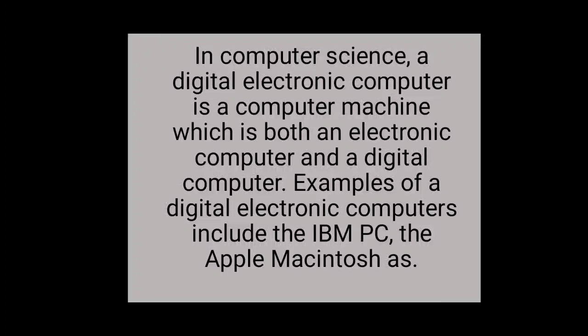And the speed at which the computer performs the simple act is an achievement of modern technology. Some examples are digital watches, the Apple Macintosh computer, calculators, etc. So these are some of the examples of digital computers.